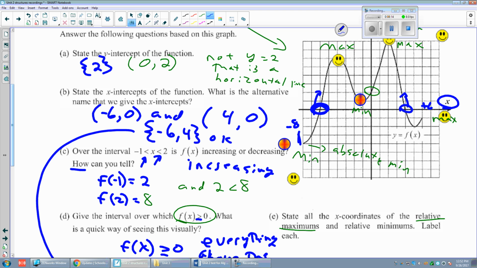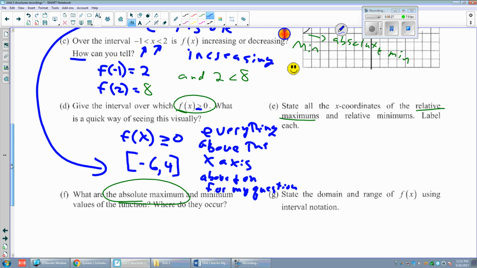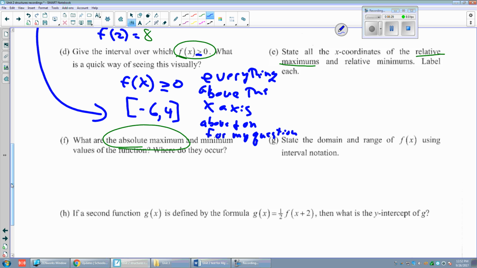That's the domain, all the way from -8 to 6. This is not an open circle, so it's included. Domain in interval notation, not set builder notation: -8 to 6, inclusive.